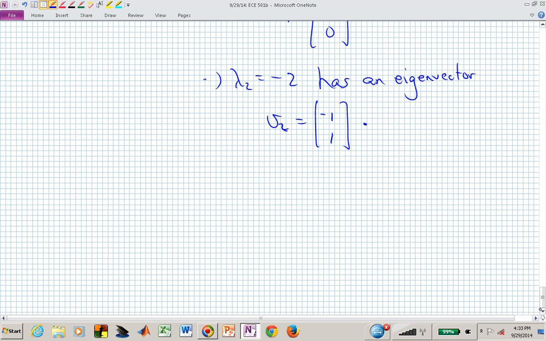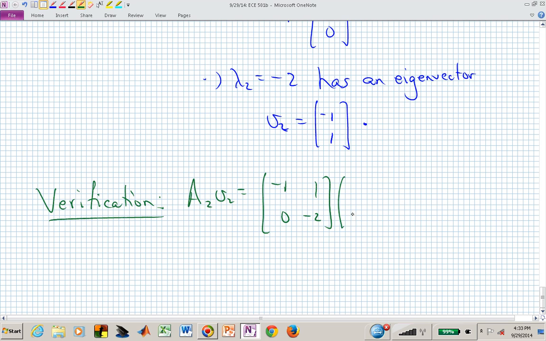And we could verify that if we wanted to. We could have guessed and then verified, which is what we're doing. If we look at A sub 2, V sub 2, A sub 2 was minus 1, 1, 0, minus 2. A sub 2 we said was minus 1, 1, which now says let's scale the first column by minus 1 and add to that the second column.